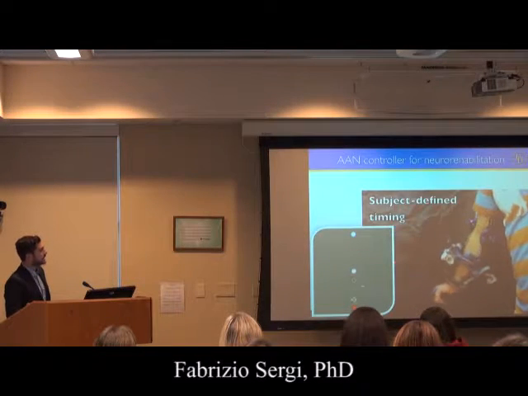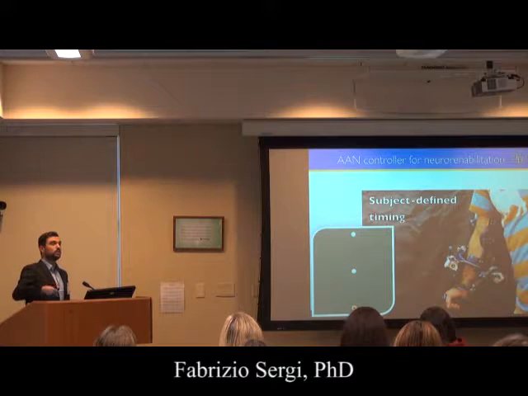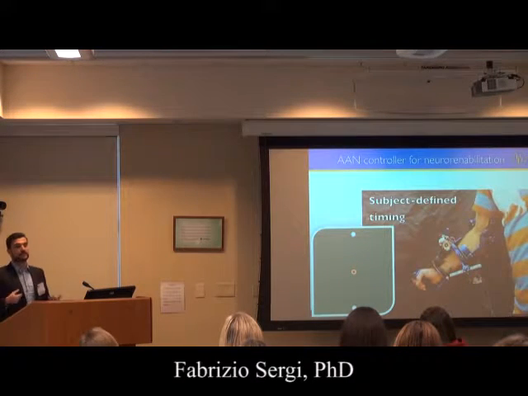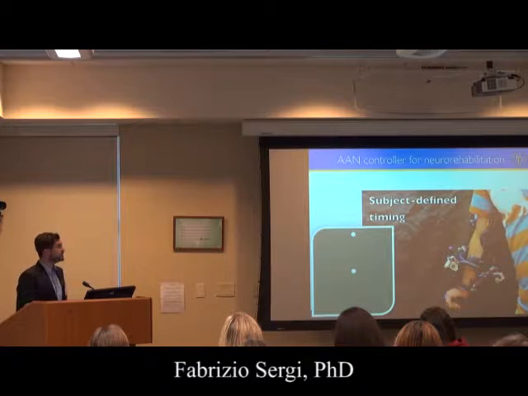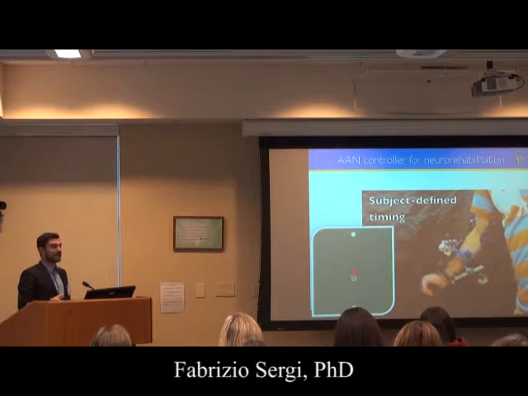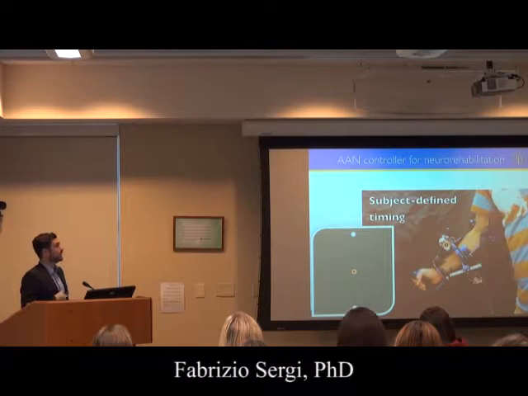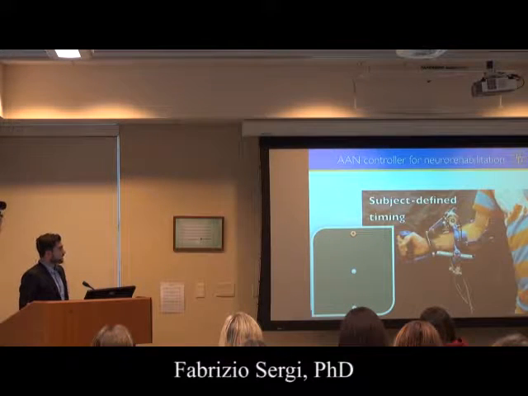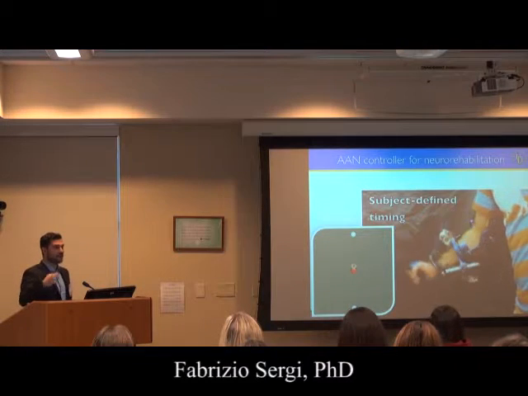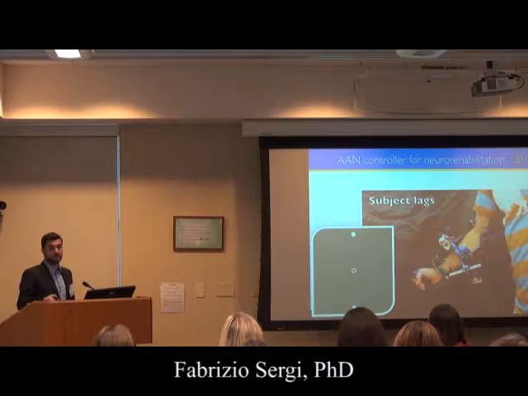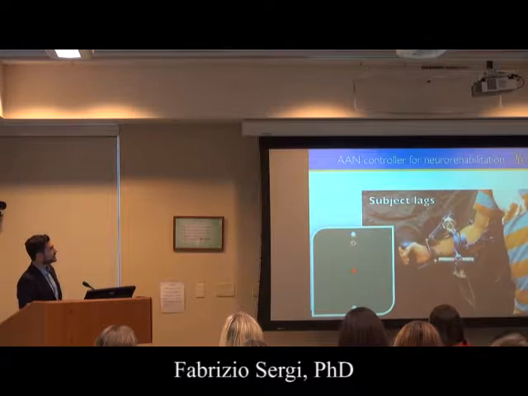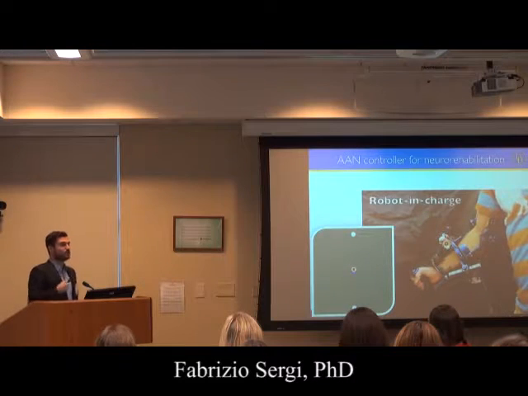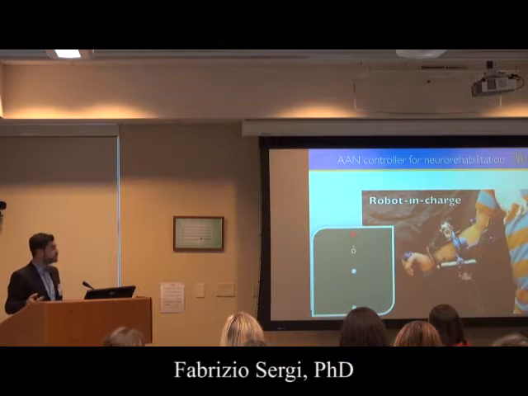And that's where instead the task goes into subject-defined timing. It's the subject that, based on his capability of controlling his movements, will decide how quickly and how accurately to reach a target. And so then the algorithm is always measuring for continued improvement in this motor task, and when it detects that the subject lags, in this case, the system switches back to robot control movement.